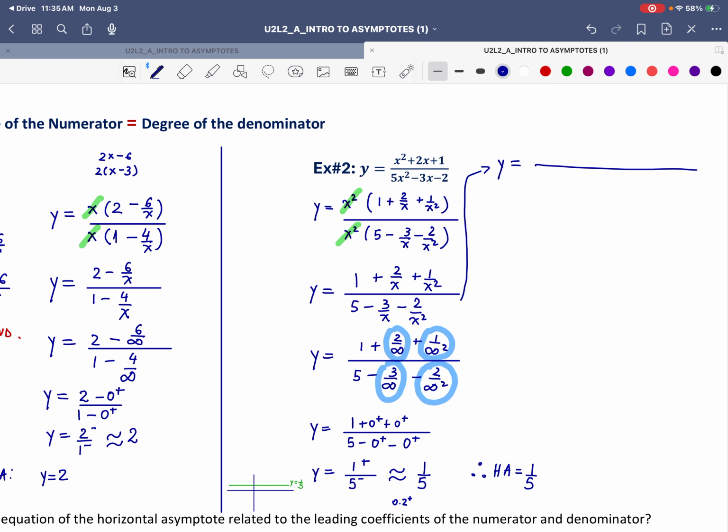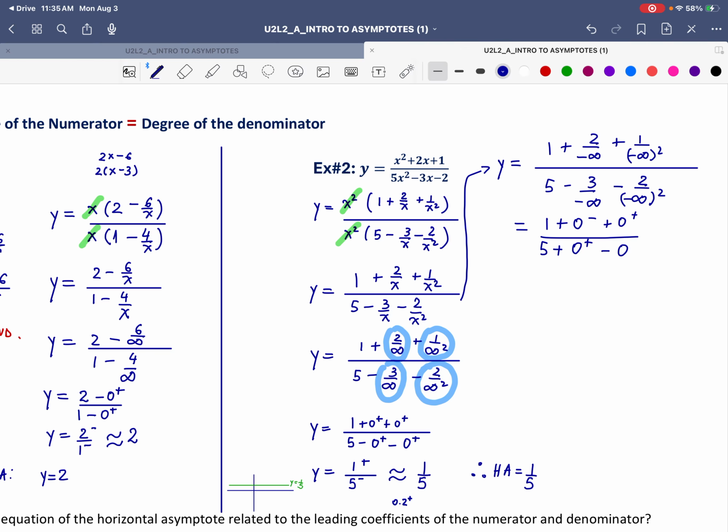So that's going to be 1 plus 2 over negative infinity plus 1 over negative infinity squared, and then 5 minus 3 over negative infinity, and then minus 2 over negative infinity squared. So in this case, we're going to have 1 plus a 0 minus plus a 0 plus, and then down here we have 5 plus 0 plus, and then minus 0 plus. So how do we determine this?